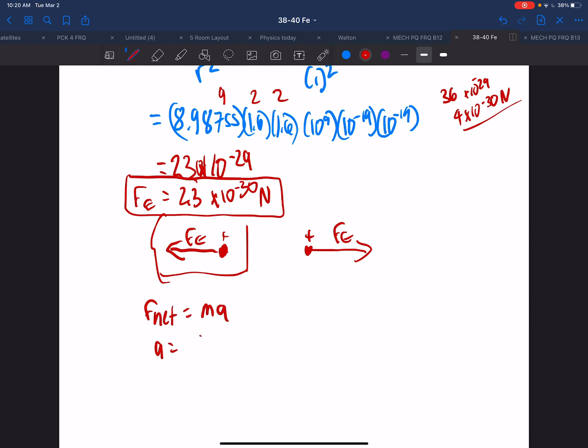So the acceleration will be the net force divided by the mass. So we have 2.3 times 10 to the minus 30th newtons, and the mass, which is 1.67 times 10 to the minus 27th kilograms.